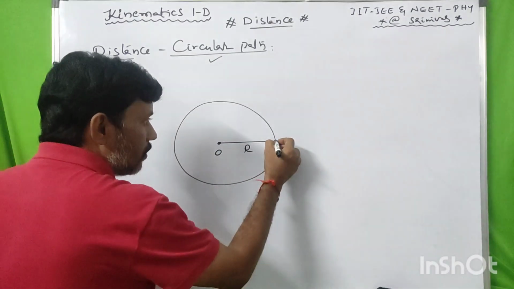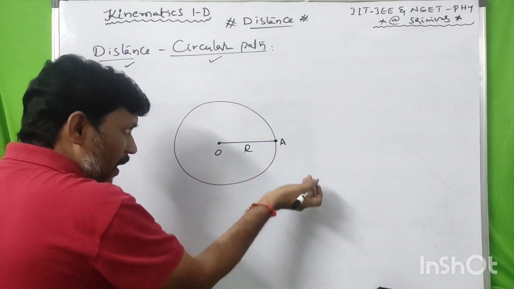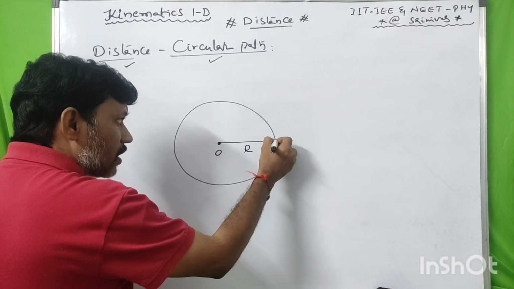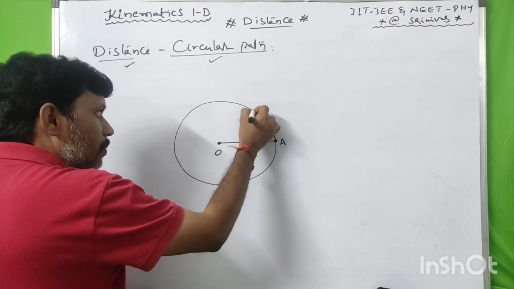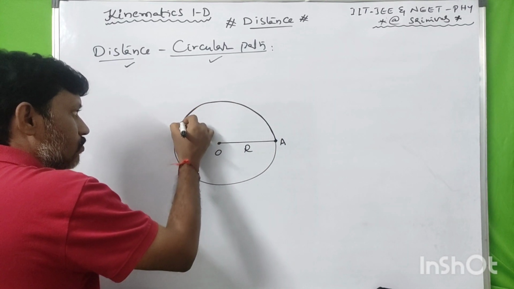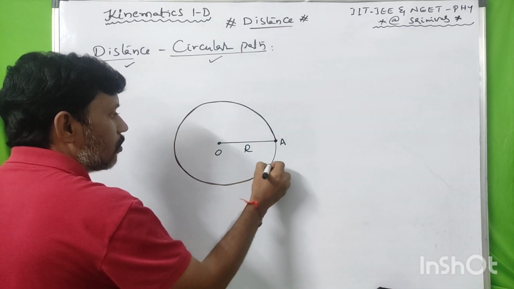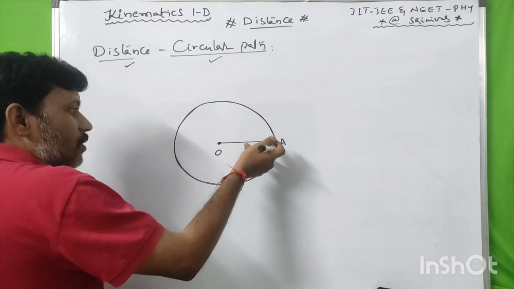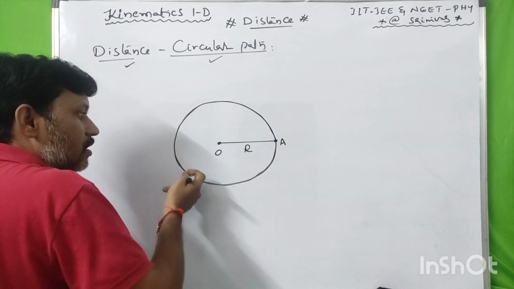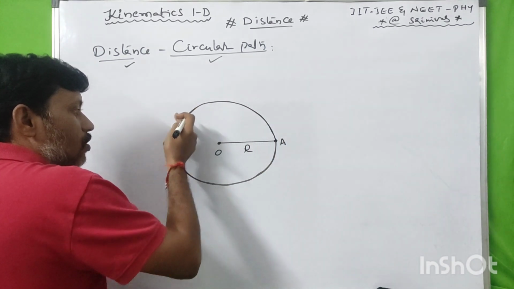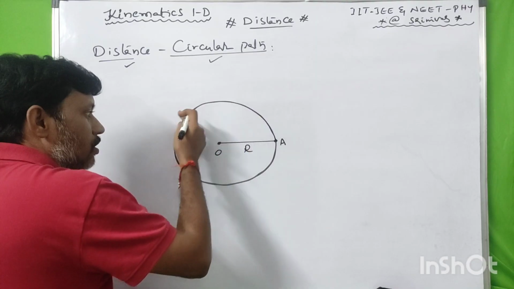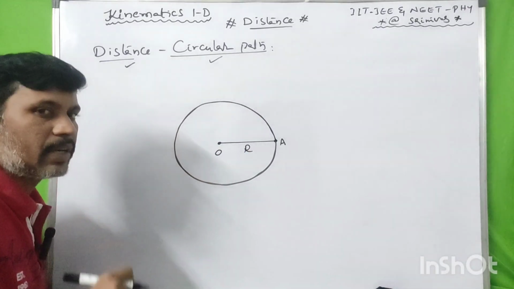If one particle, or whatever it may be, covers a complete circle once, then we call this total length of the path the perimeter in mathematics.